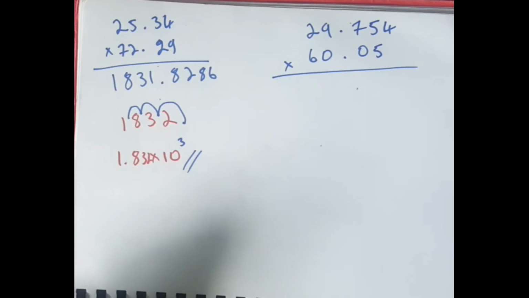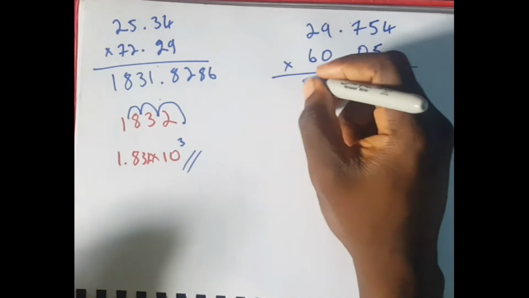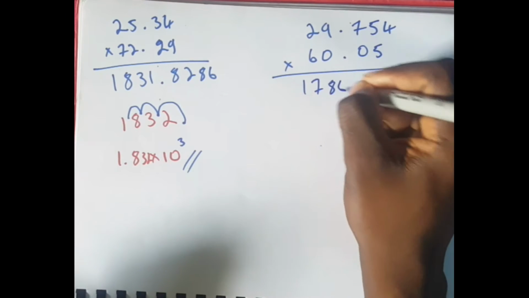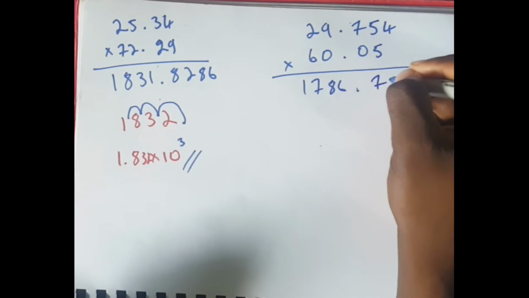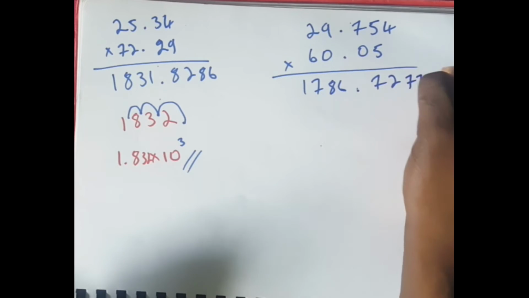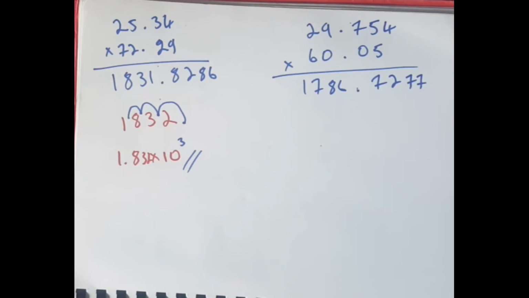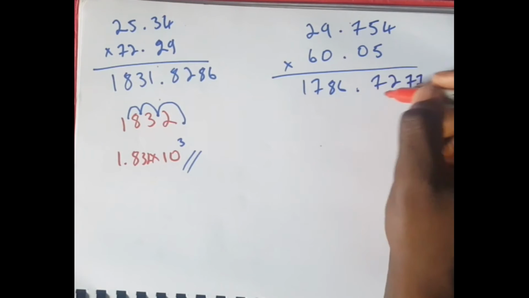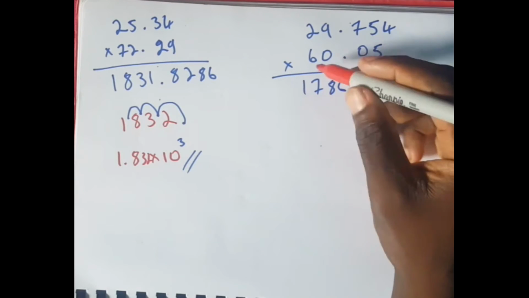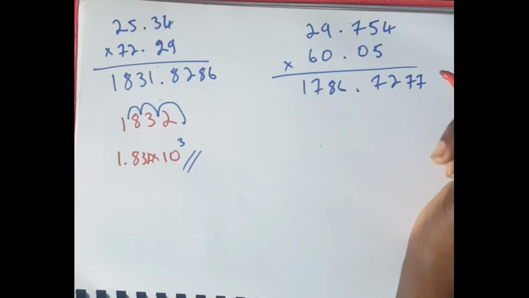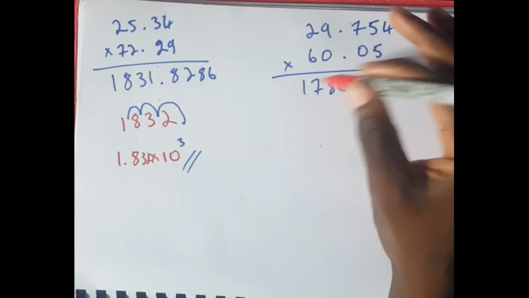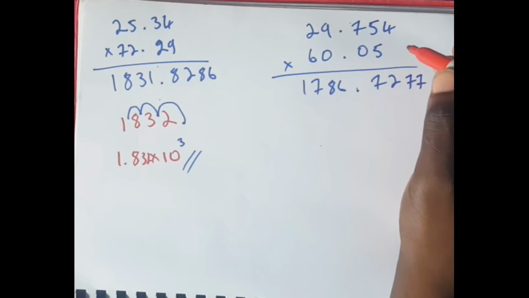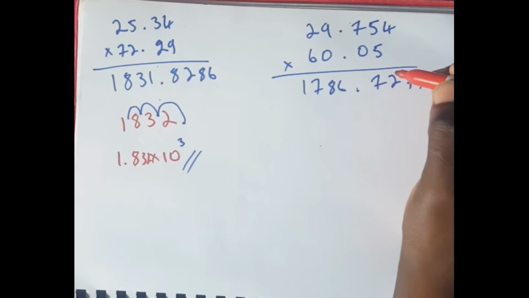If I go ahead and put this in my calculator, I would get 1786.7277. When you're multiplying or dividing, the number of significant figures in your final answer should be the number of significant figures in the number you're multiplying with the least significant figures. So let me say that again and say that better.